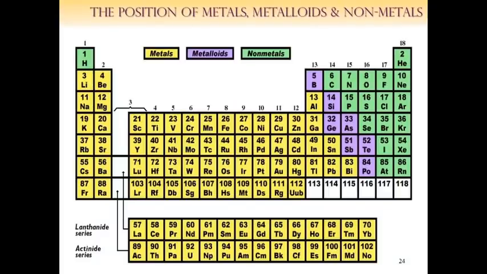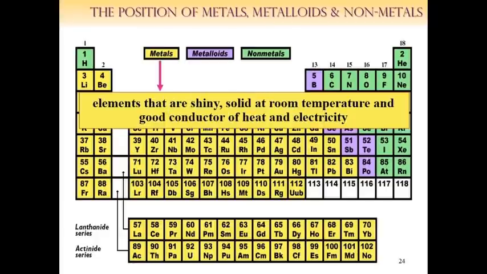The position of metals, metalloids and non-metals in the periodic table. Metals are elements that are shiny, solid at room temperature, and good conductors of heat and electricity. All the metal elements are in yellow color.